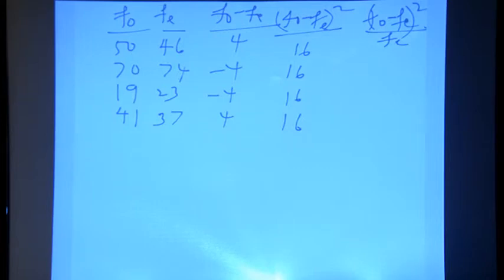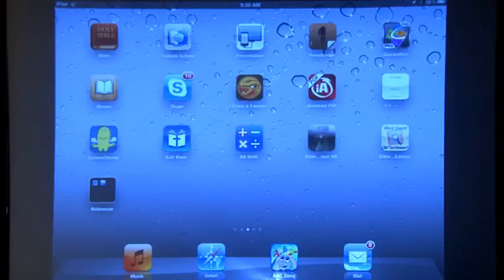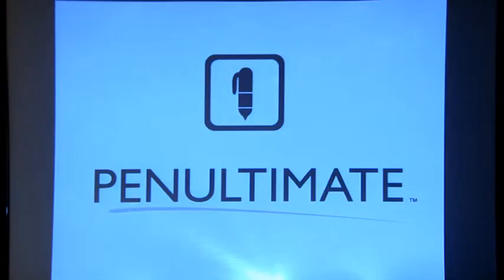Well, I may have to redo this one because my notes are not showing up properly. So, what happens here? Well, you can see that clearly there. So, what happens is when we do this, undo.